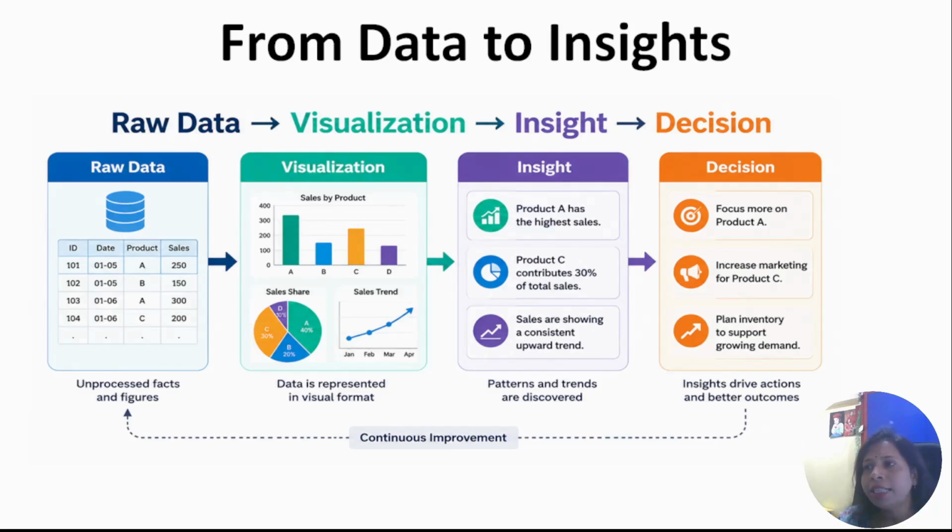Then these visuals help us discover insights such as trends, patterns, anomalies, and relationships. Finally, these insights support decision making. So in simple words, data visualization acts as a bridge between data and decisions. Without visualization, valuable insight may remain hidden inside large databases.